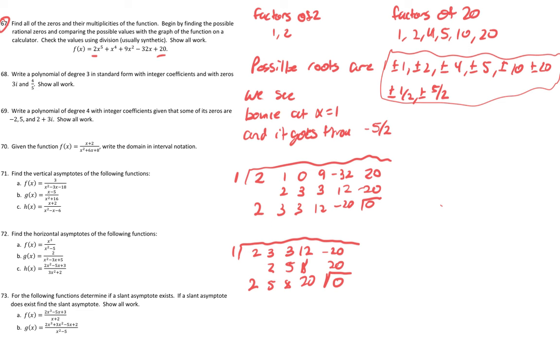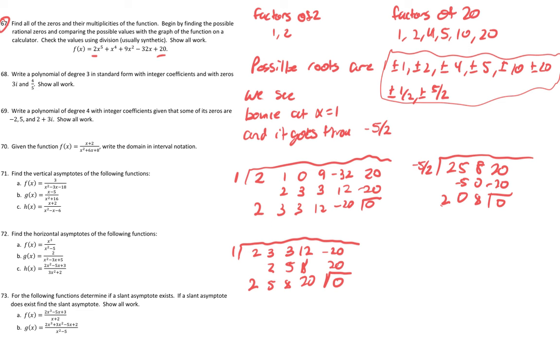So now we can check that -5/2. 2, 5, 8, 20. So 2 times -5/2 is -5, 0. 0 times that is 0. We get 8. 8 times -5/2 would be -40 over 2, which is -20. So we get a 0 yet again.